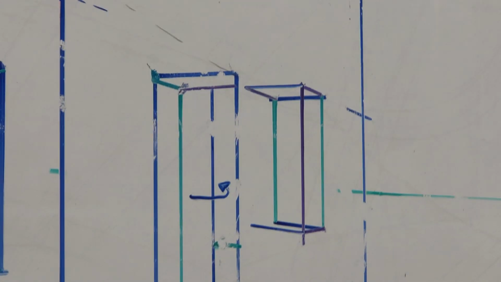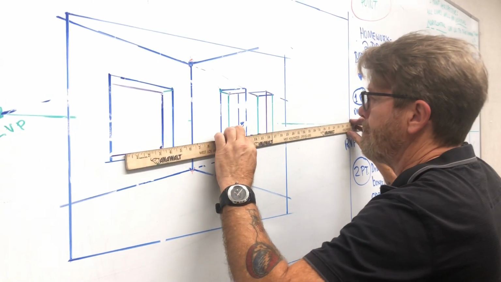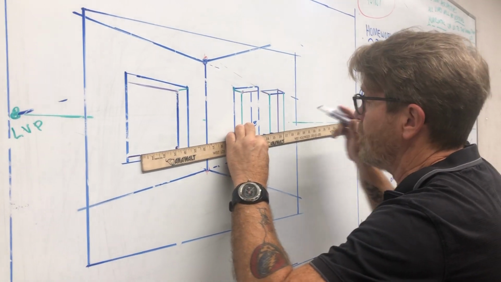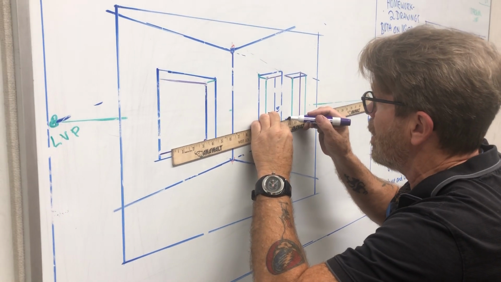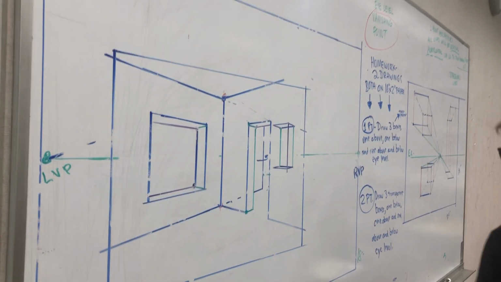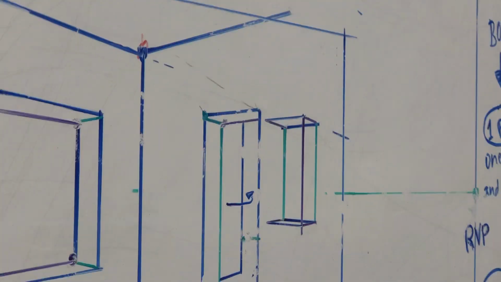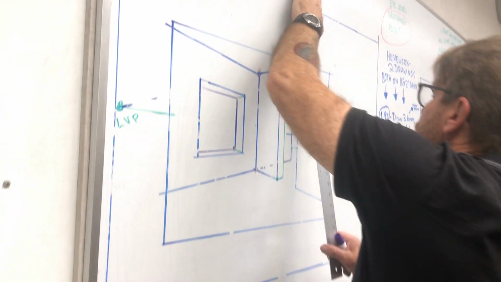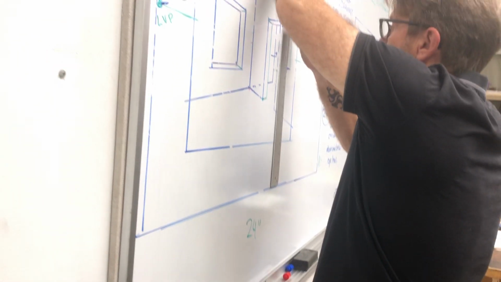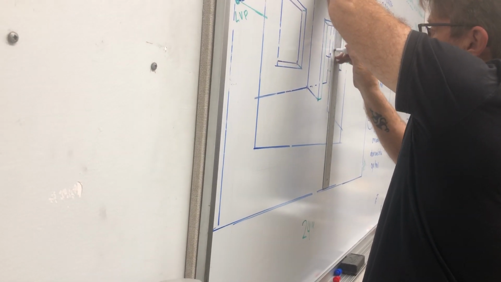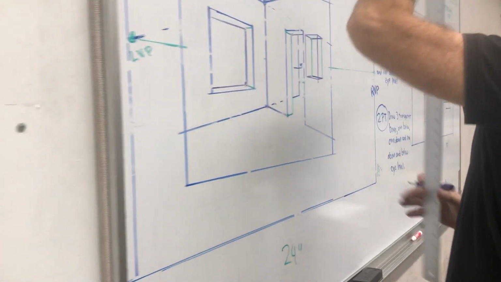The other next line go to my right vanishing point. So I'm just putting a transparent box on the wall. Connect them with a vertical. And there's the box on the wall.